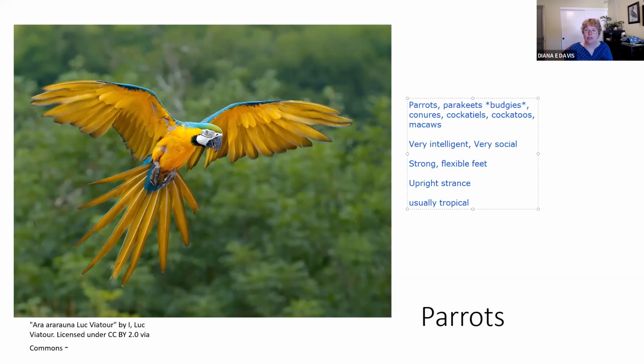Yeah, they live long. So depending on the species, the big parrots can live between 50 and 120 years. Macaws live near or over 100 years if they're well cared for. Yep.